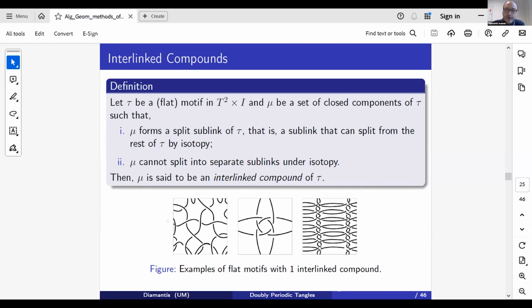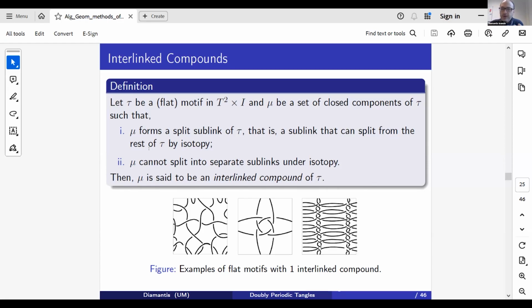So we said that in order to understand how motifs behave, we need to first understand separately each and every component of theirs. So we define what we call an interlinked compound to be a sublink of the motif that can be somehow split from the rest, or maybe not, but now using only isotopy.